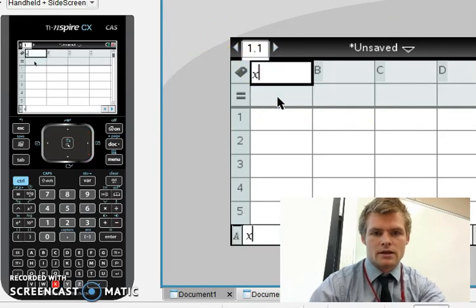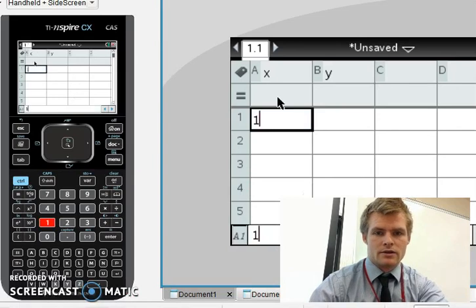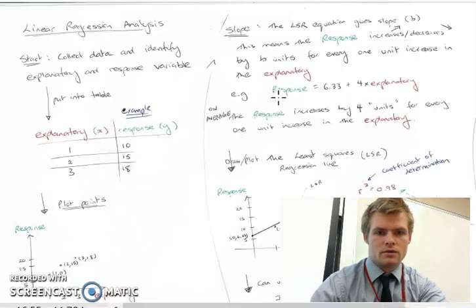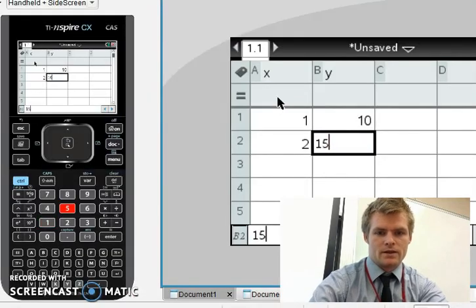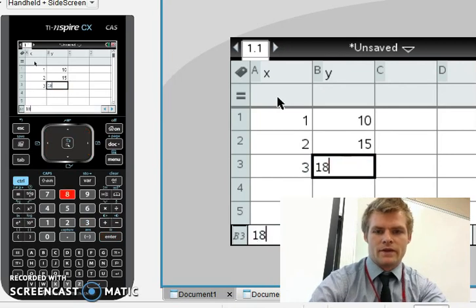It goes X for explanatory, Y for response, and the values are 1, 10, 2, 15, and 3, 18. Of course, you can normally have more values than that.